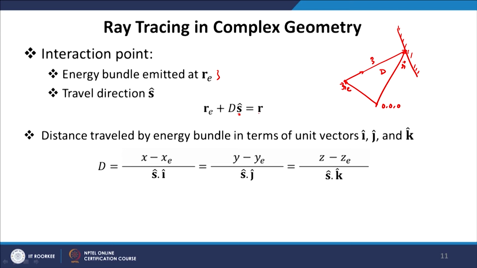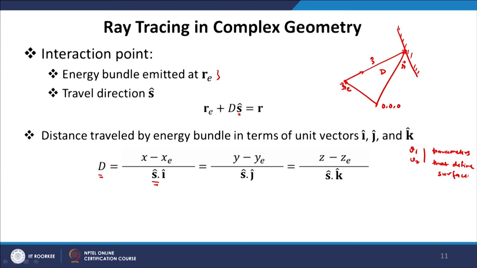So, we can write down using this vector notation r is equal to re plus d times s cap, and by some vector algebra we can solve for the distance travelled d in terms of the direction vector s cap dotted with the 3 coordinates i, j and k, where v1, v2 are parameters that define the surface.